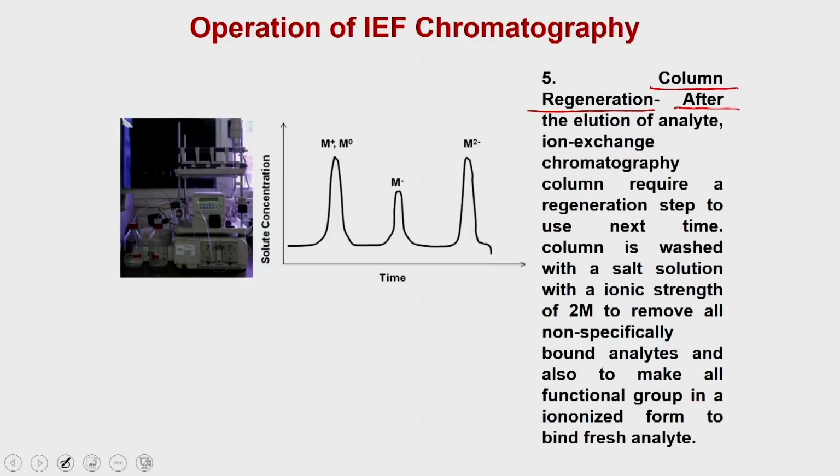After the elution of the analyte, the ion exchange chromatography column requires a regeneration step to use the column next time. The column is washed with a salt solution with an ionic strength of 2 molar to remove all non-specifically bound analytes.